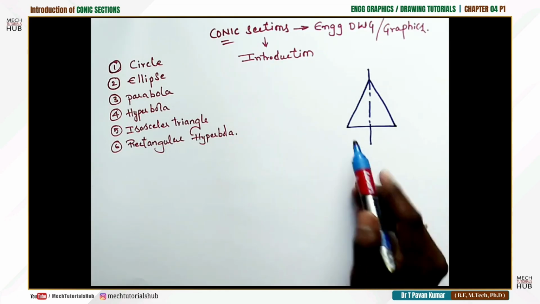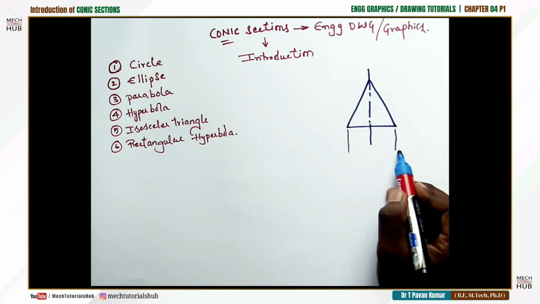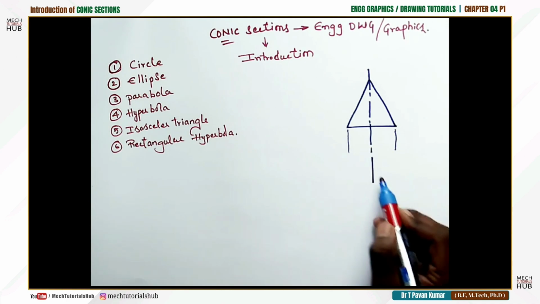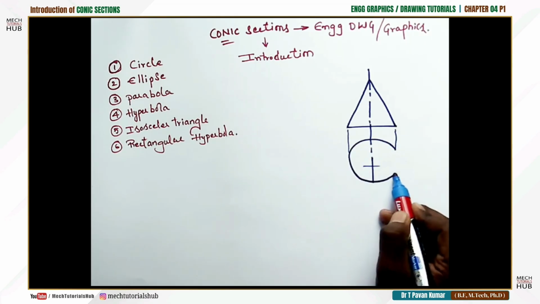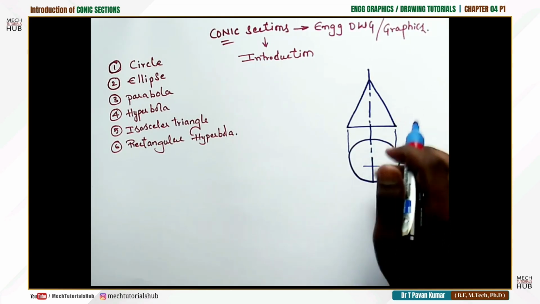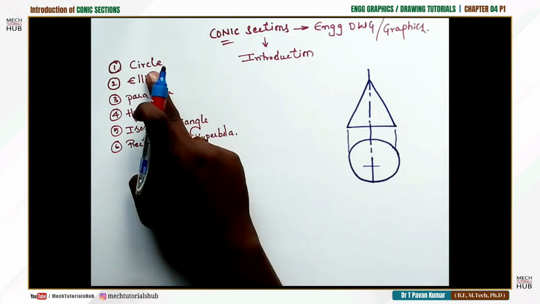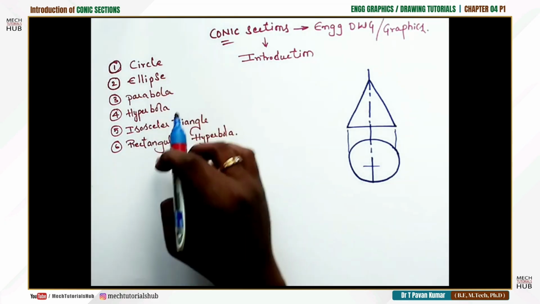Let us draw this using a projection line. If you understand this concept properly, then the rest of the things become so easy to draw. Let us draw the top view also for your understanding. This is the top view. But here our intention is to see how to arrive at the solutions called circle, ellipse, parabola, hyperbola, all these conditions.